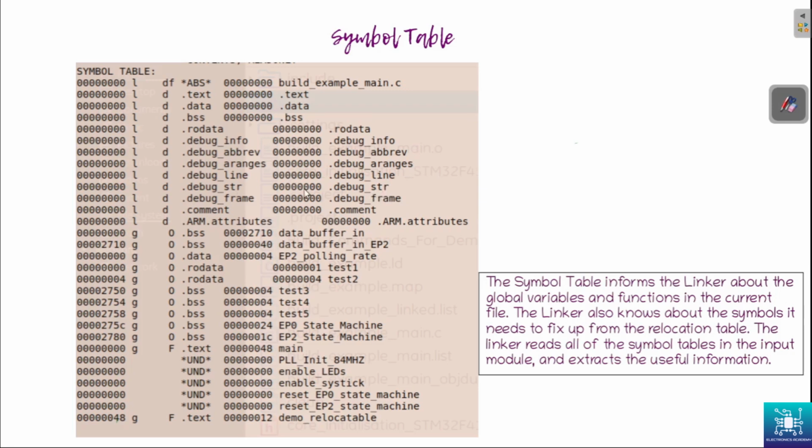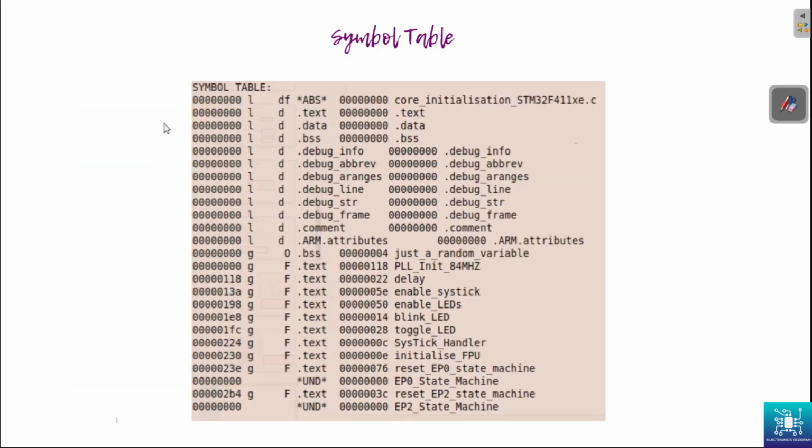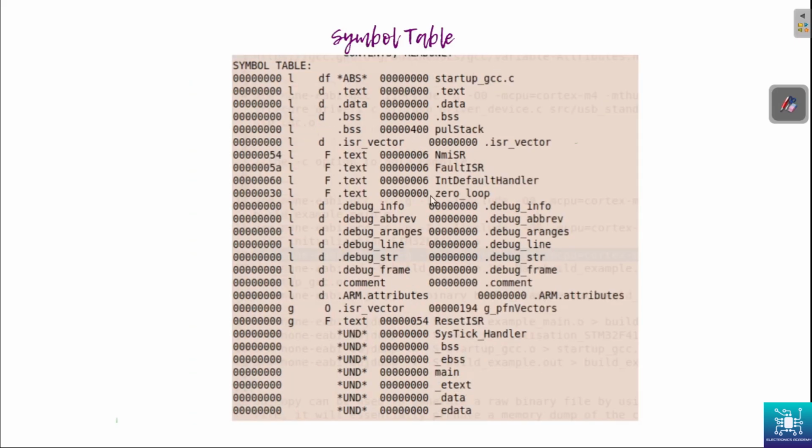Okay. So going to the next one, this is the symbol table for core initialization.c. So again, you have the text, data, BSS section, and there you have only one symbol that is undefined. Rest of the symbols are defined, but of course the addresses are not fixed again here. The third one for startup GCC, again, you have quite a few undefined symbols.